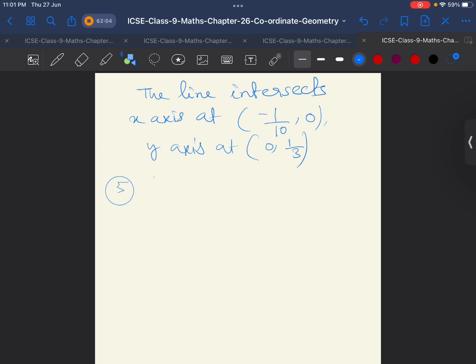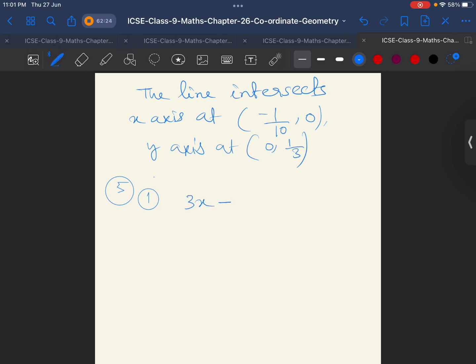Now question number 5. For each linear equation given above, draw the graph and then use the graph drawn to find the area of a triangle enclosed by the graph and the coordinate axis, okay.